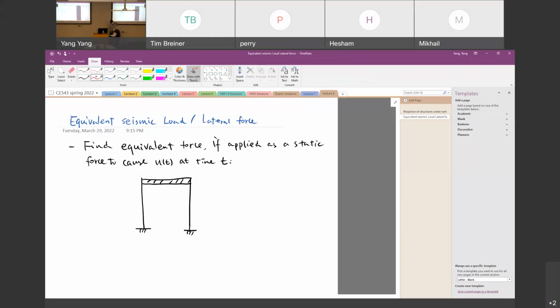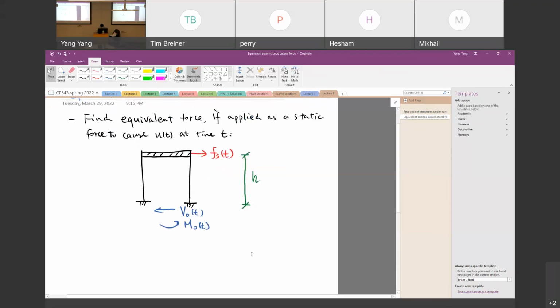So we need to know what is the external lateral force. This can be expressed with the height h, and so we can calculate it.